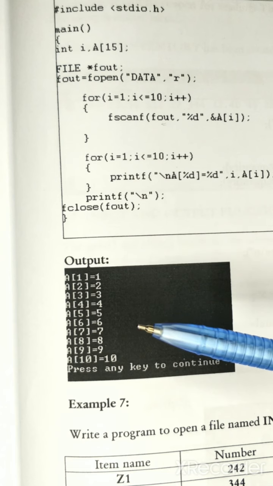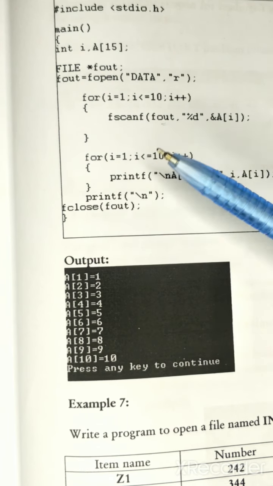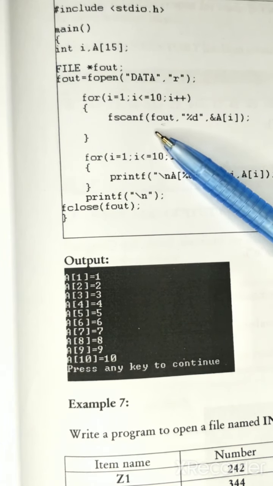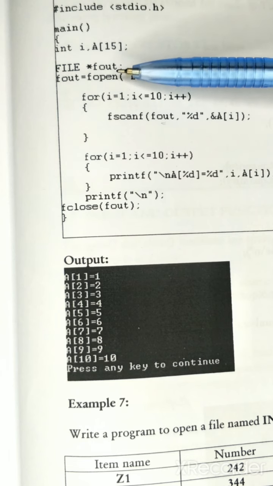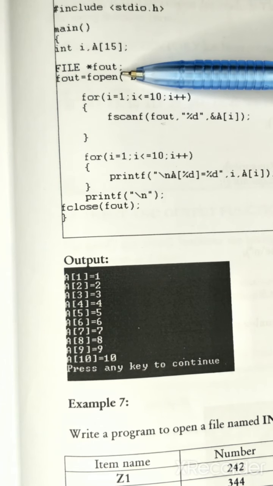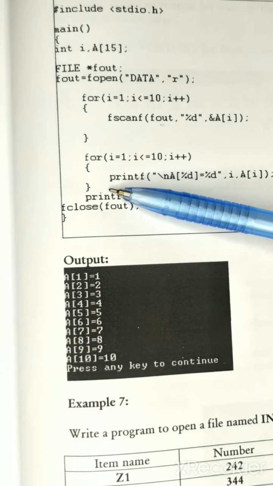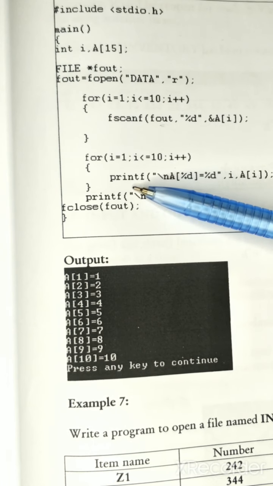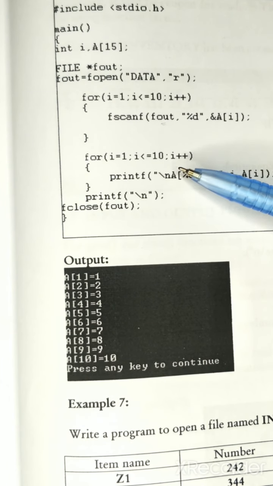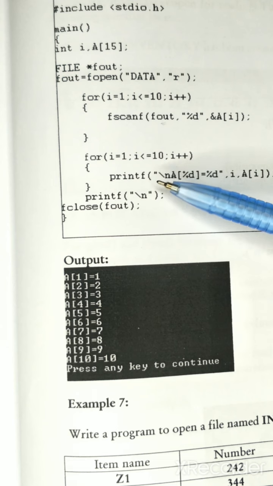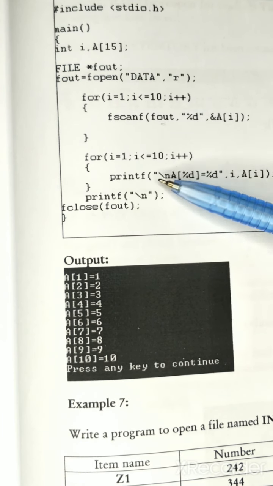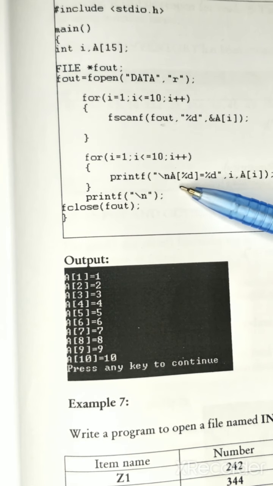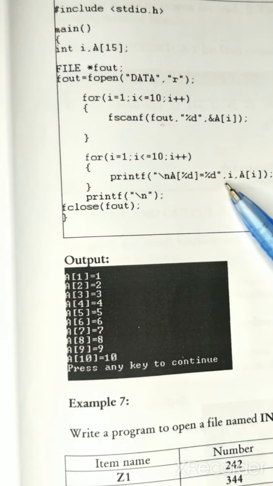Then comes the question, can we print this data to a different file? Yes, you can. We need to open another file in that case. So here we just use fprintf, and then follow the syntax that we have. Maybe you need fin2, and what we want to print, which is all these ai.